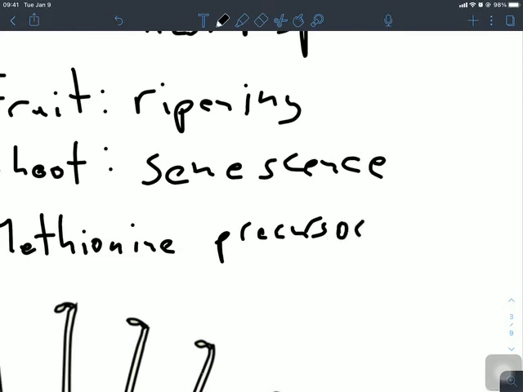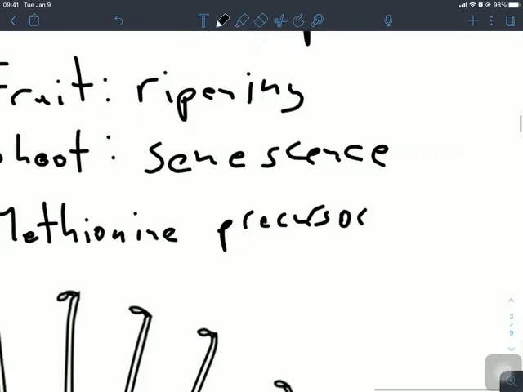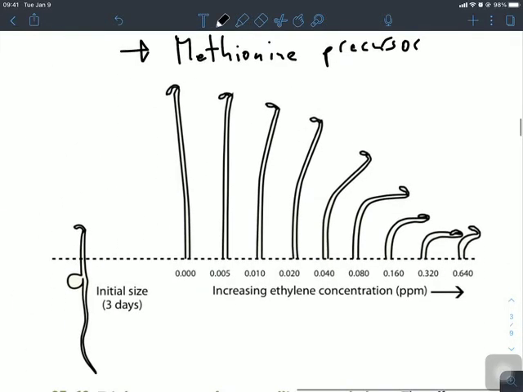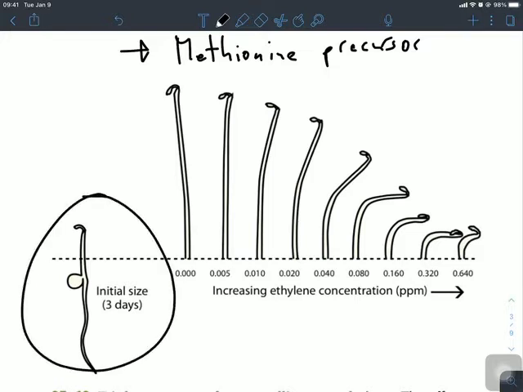And we know that dosage of ethylene matters. So let's take a look at this image from your book. This shows what a plant might look like under normal conditions, normal ambient ethylene. And then we see a curvature response in dark grown peas, where the more ethylene you get, the more curved and shorter your stem is.